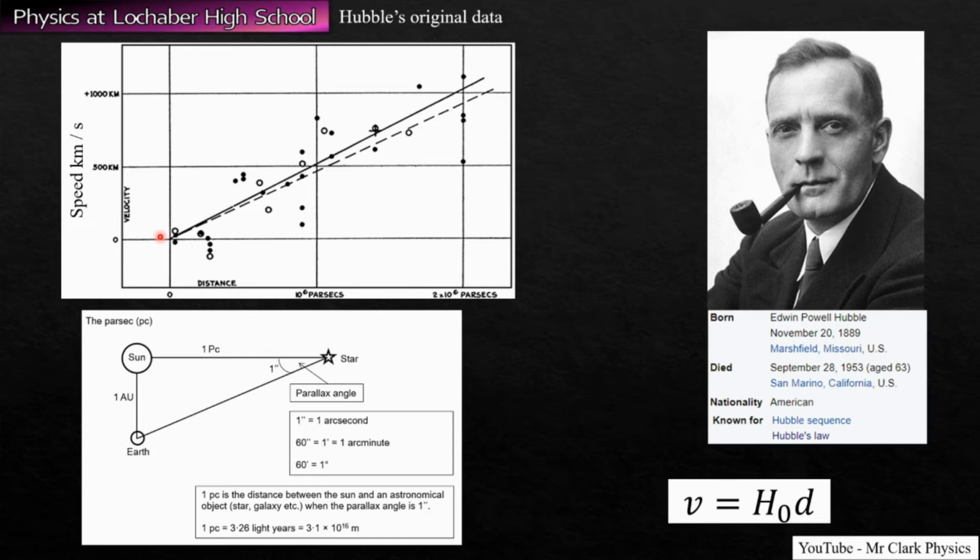Our natural assumption would be if everything's arranged randomly, half of them would be coming towards us, half of them would be travelling away from us. So you'd expect a flat line, and you'd have just as many above it as below it. But that's not the pattern. The pattern is, the further away you look from us, the faster the galaxies appear to move away.